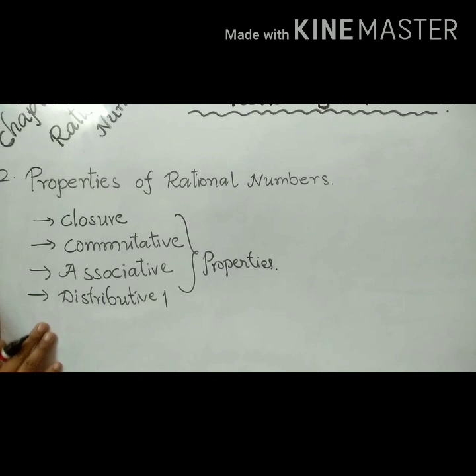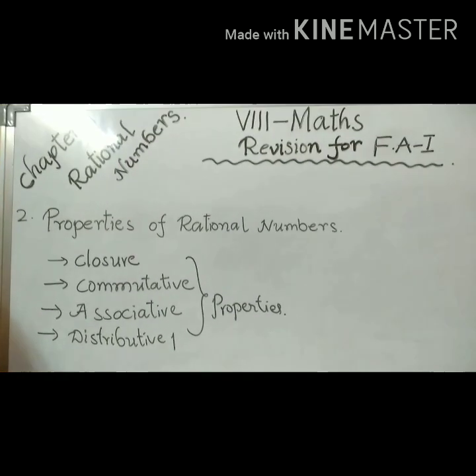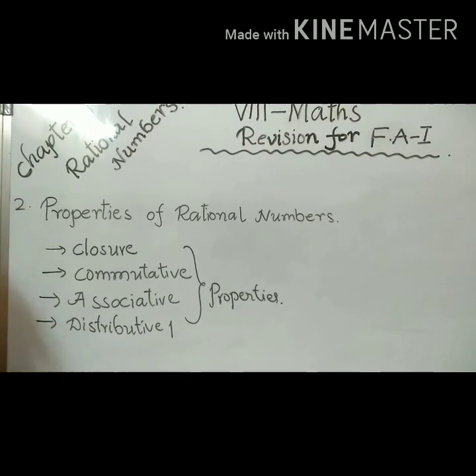Okay children, these four types of properties we check for rational numbers under addition, subtraction, multiplication, and division.